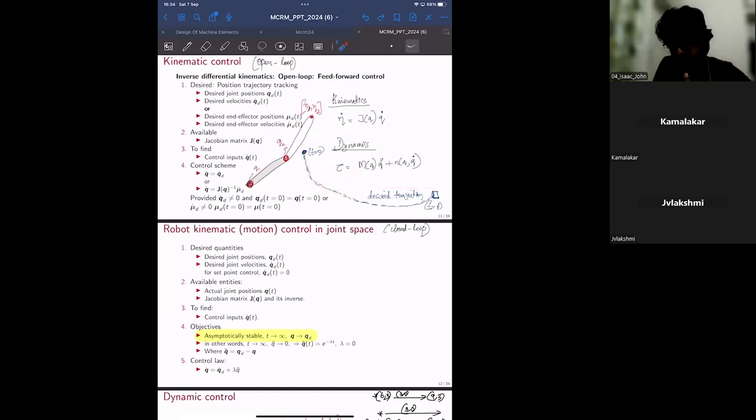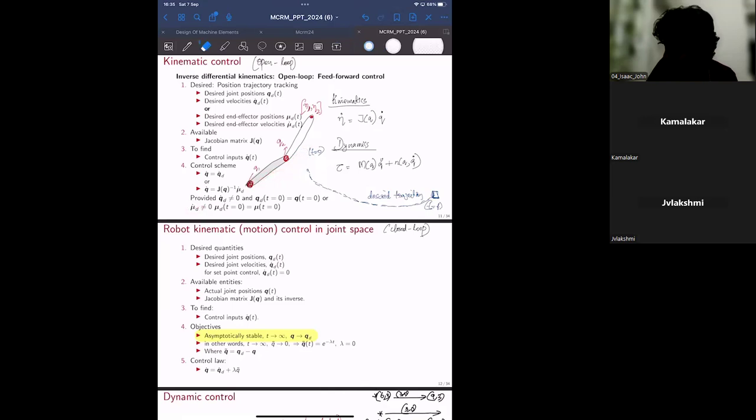So what you are saying is in the first slide you don't have a feedback term, and in the second slide you don't have a feedback term. Yeah. You don't essentially have a controller. If the robot arm goes out of control, there is nothing to guide it back to the desired path. It'll only work if these conditions are met: the desired derivative is not 0, the initial actual and desired positions are the same, and there are no disturbances to disturb the robot arm.